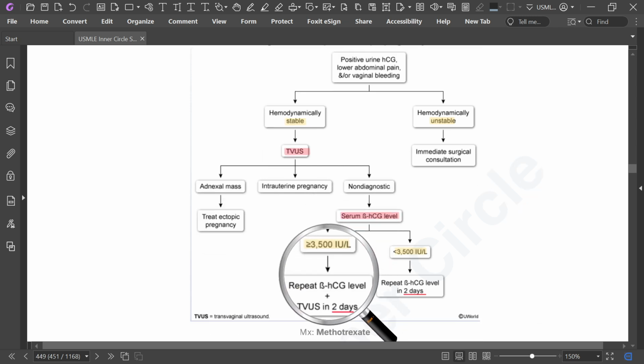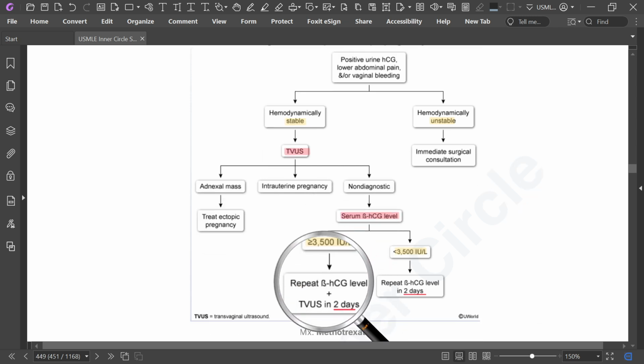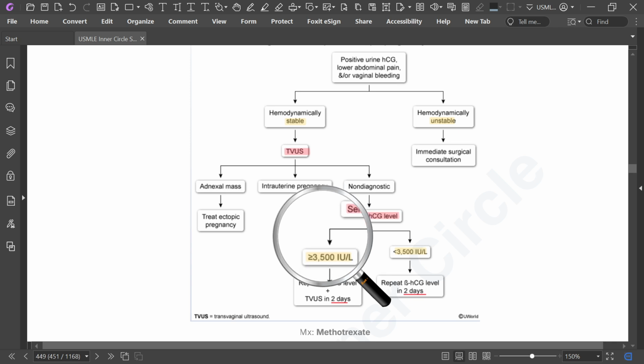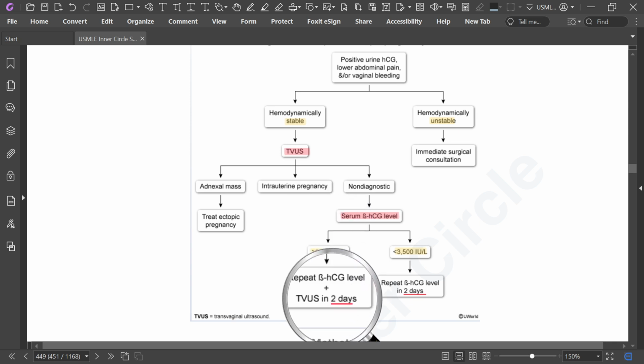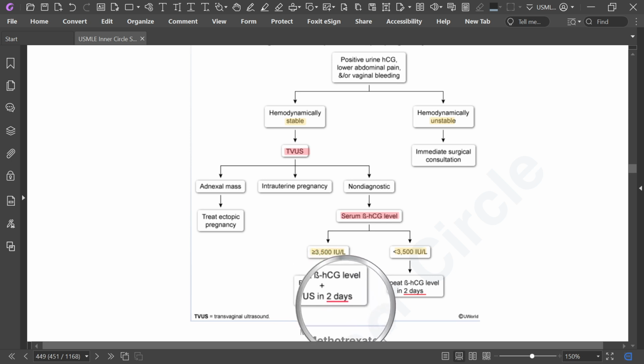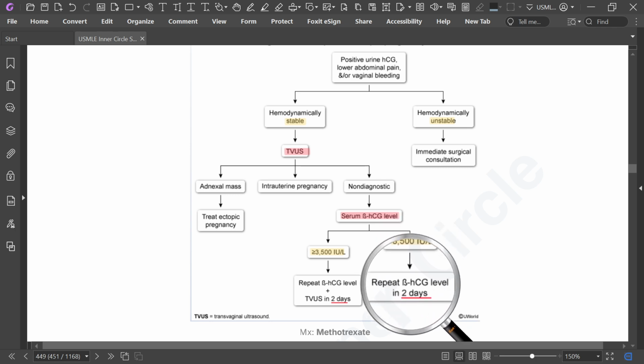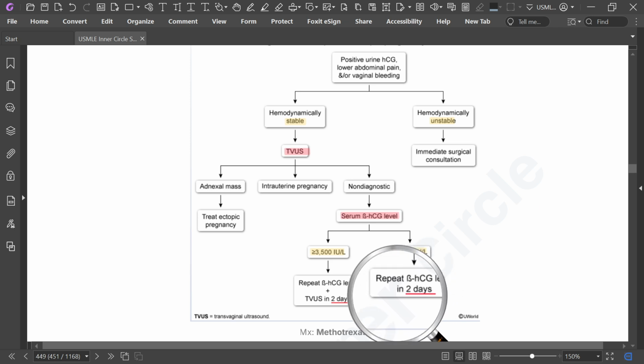If serum beta hCG is more than 3500, repeat beta hCG with or without transvaginal ultrasound in 2 days. If it is less than 3500, repeat beta hCG level in less than 2 days.